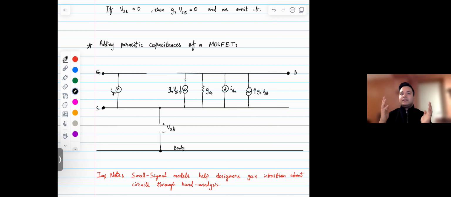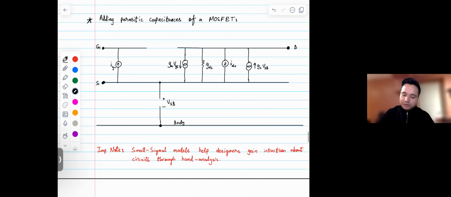There is certain parasitic capacitance between gate and source, and between gate and drain. Same goes for source and body, drain and body, and gate and body. Basically everything in a MOSFET, even if it's very small, you would have some sort of parasitic capacitance. So let's draw it out on a small signal model.